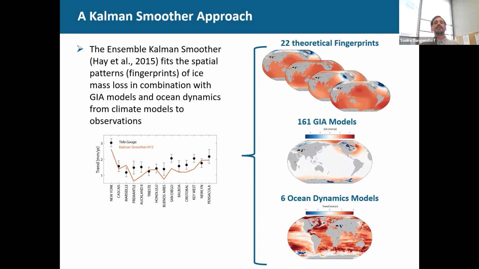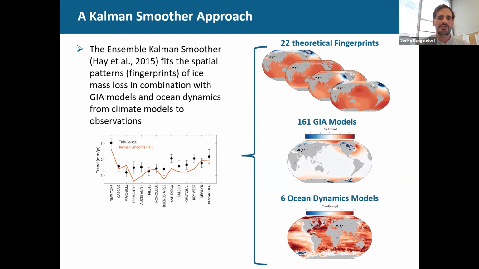The general idea of this ensemble Kalman Smoother, without going too deep into the mathematical methods, is that we have a priori knowledge on the spatial patterns of sea level change. For instance, we know principally how Greenland or Antarctic ice melt looks in terms of sea level, the sea level response globally.